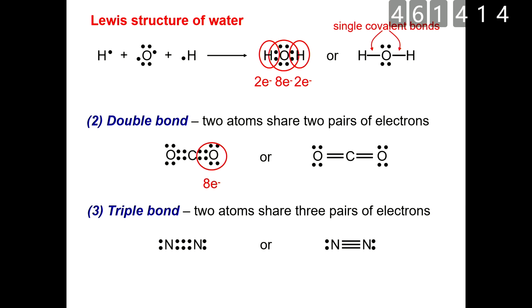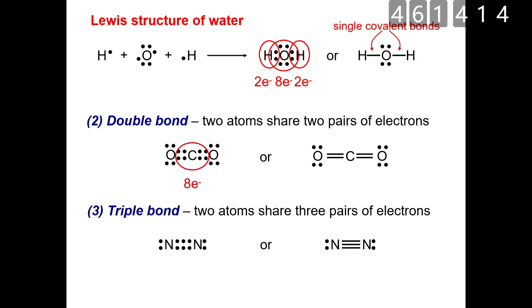So the carbon also has 8 electrons. So in this case, each atom has 8 electrons.